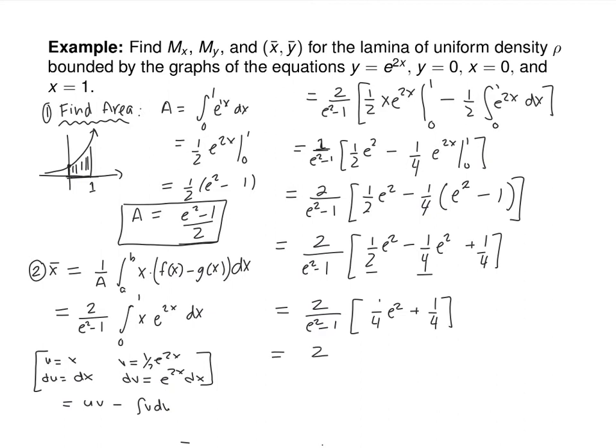I know, I'm so sorry. 2 over e squared minus 1 times e squared plus 1 over 4. And finally, after much pain, you have e squared plus 1 over 2 times e squared minus 1. Whatever that is, it's x bar.